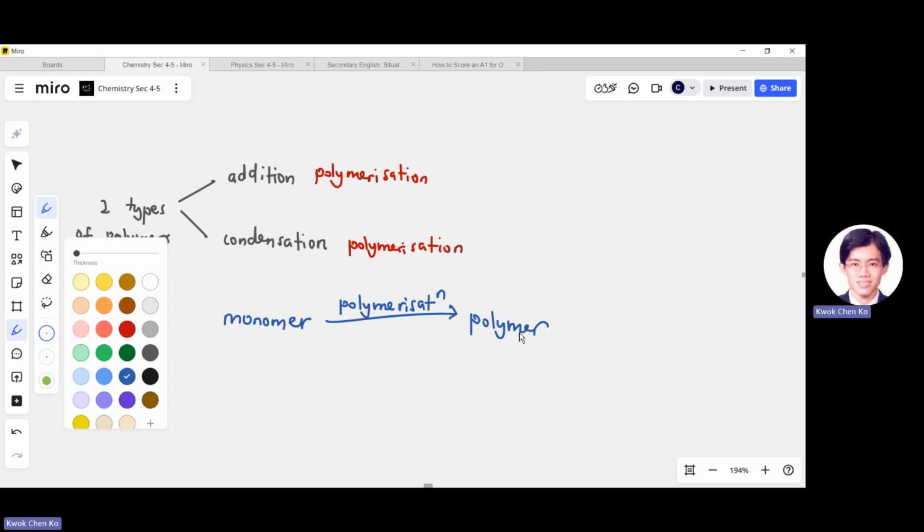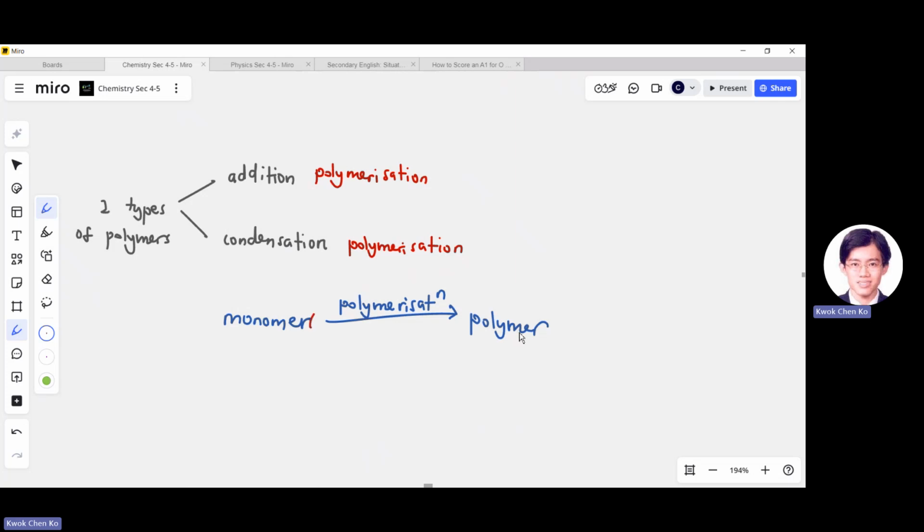Just a reminder, it's possible to have two monomers sometimes depending on the situation, so it can have two different molecules.